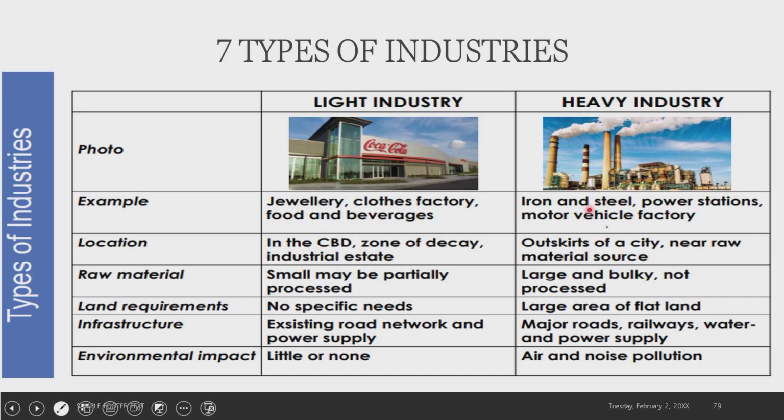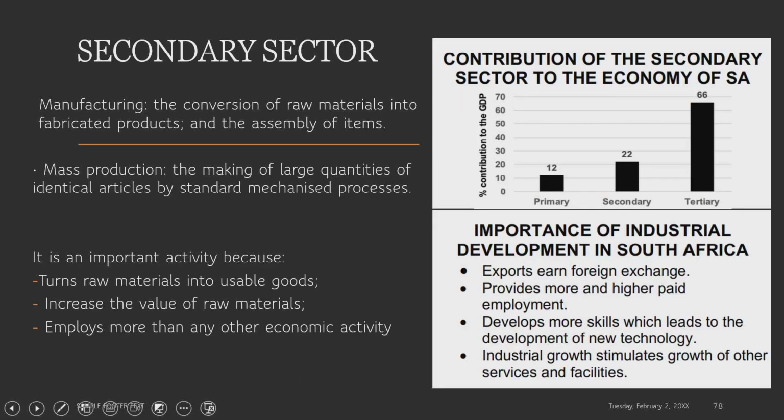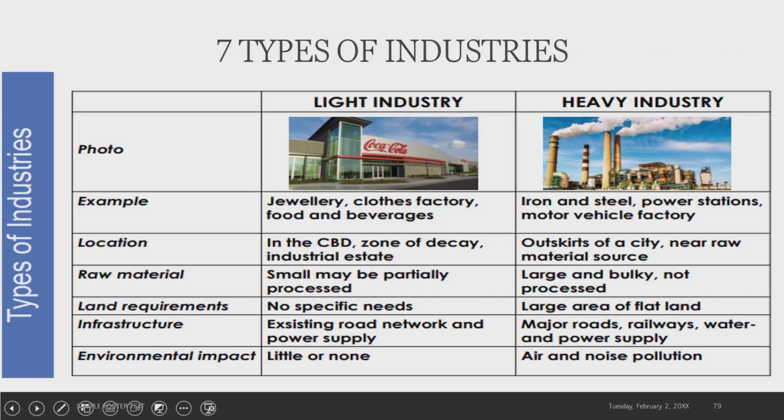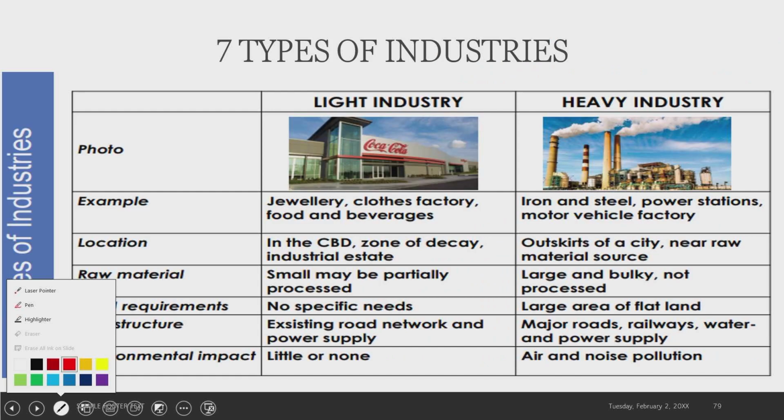Your heavy industries, on the other hand, your examples are your iron and your steel power stations, motor vehicle factories. They're located on the outskirts, in the rural urban fringe, away from people. You will never find a high-income residential area close to a heavy industry. The raw materials they use are large, they are bulky, they are not processed, and they have major environmental and noise implications.